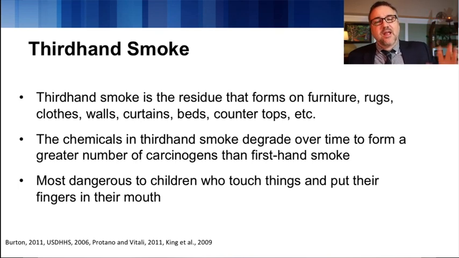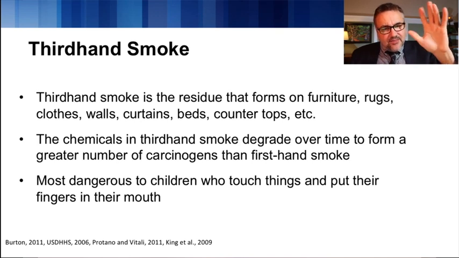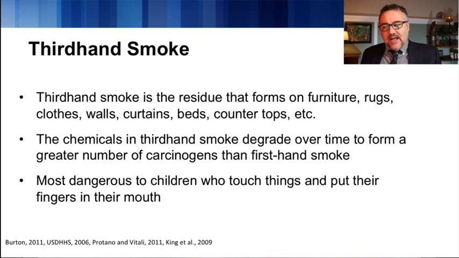That's third-hand smoke. It's stuff from the air that is deposited on the walls, and it deposits on everything. You just can't see it as well as on the walls. Those carcinogens actually oxidize and break down over time, and they become more carcinogenic with that breakdown. So this deposition is pretty toxic.